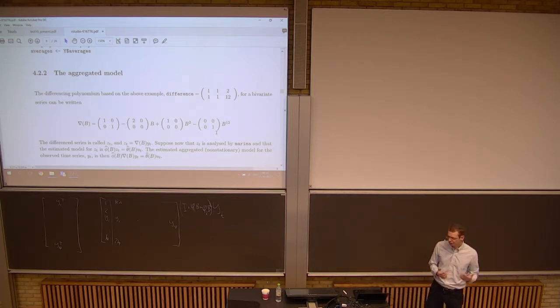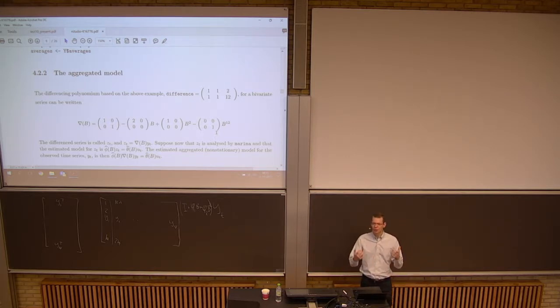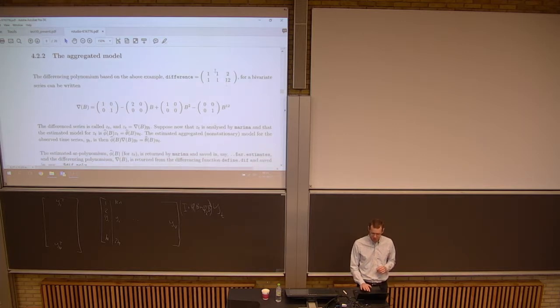What you then do is multiply that onto your data, and then you can do your modeling as if it was an ARMA model instead of an ARIMA model. But you keep track of what you've done. When you get to know what this is doing, it is compact, but just keep in mind, the first row gives you which variable to difference, the second row gives you at what lag to do the differencing. That's all you need to know.